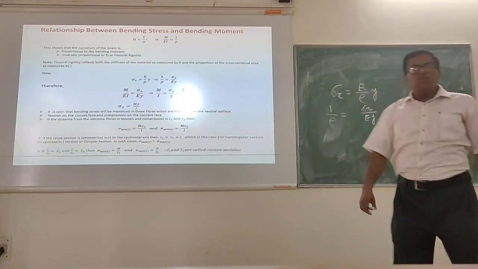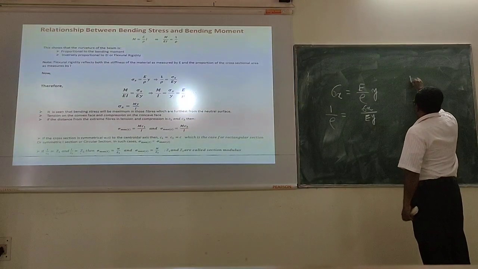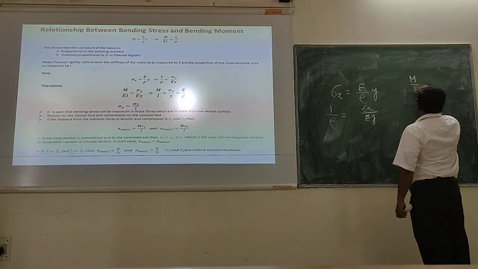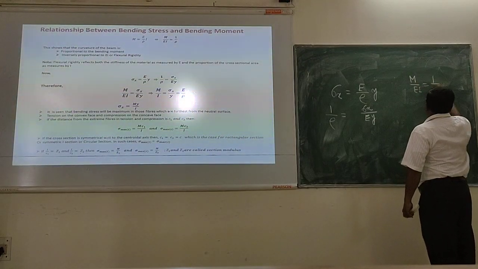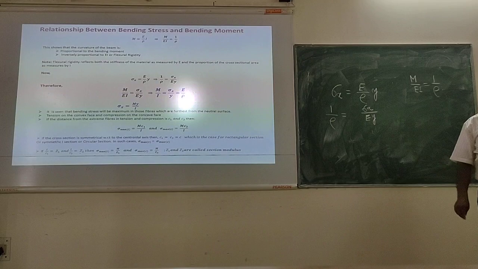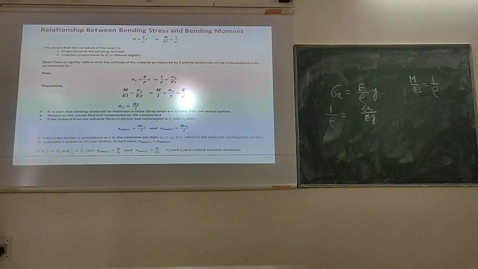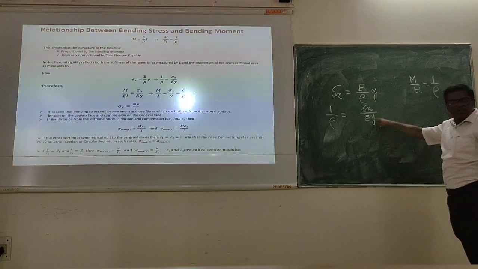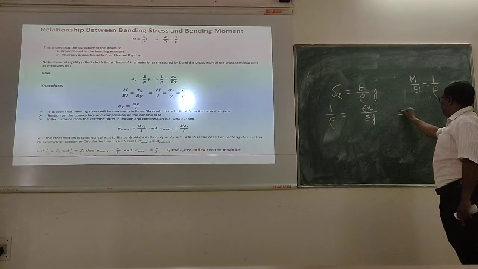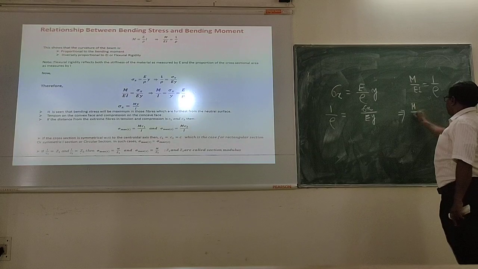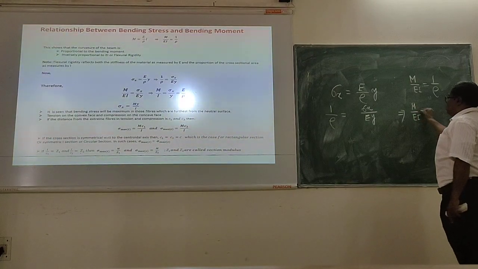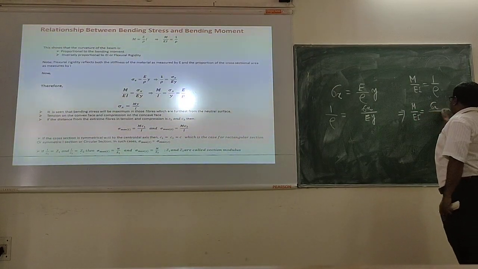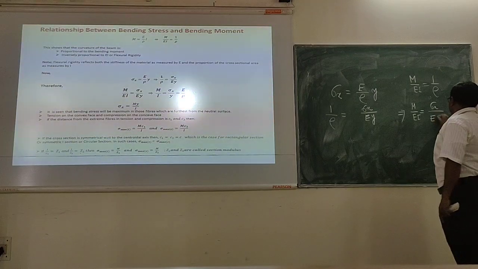Correct? And what was 1 by rho that I established earlier? M by EI is equal to 1 by rho. So 1 by rho here and 1 by rho here, I can equate them. So I can write M by EI is equal to sigma x by E into y.